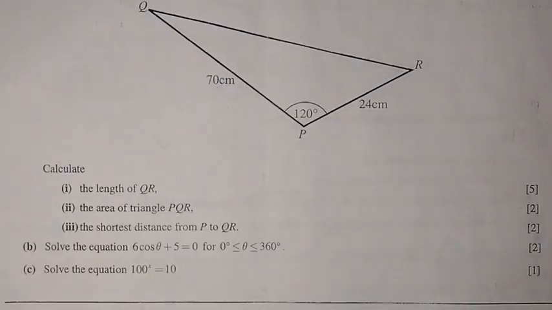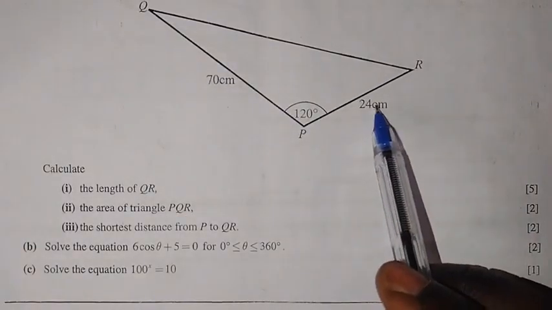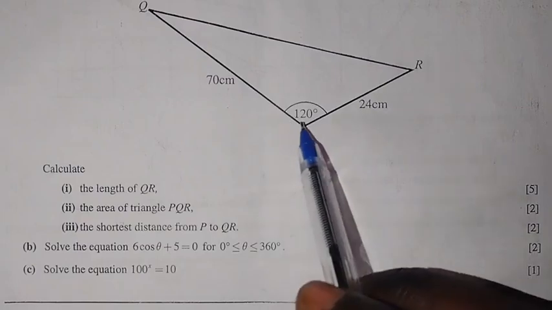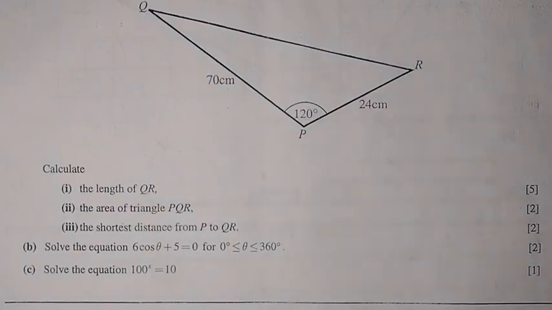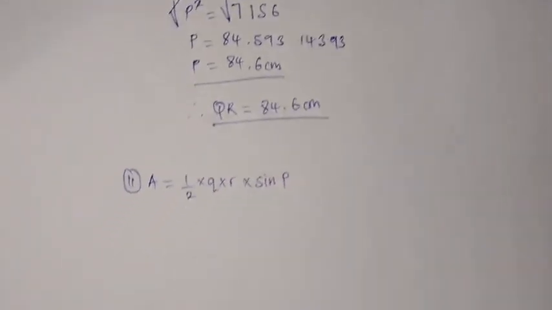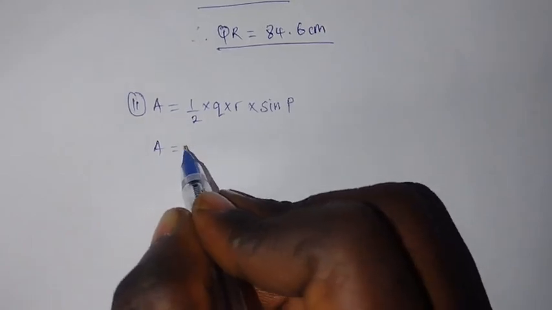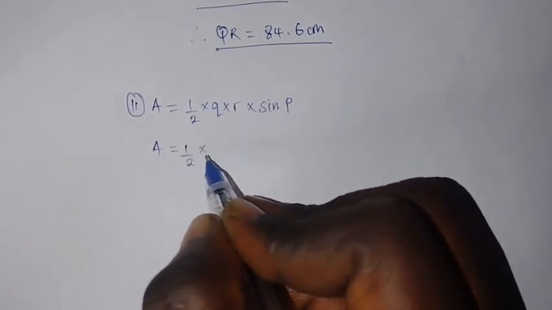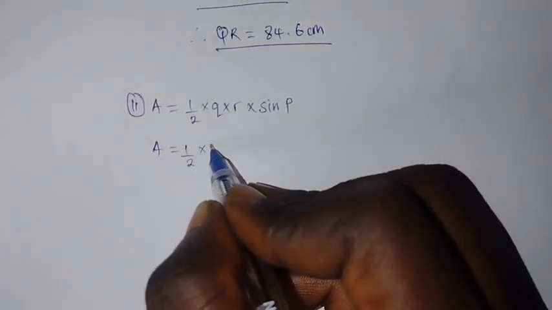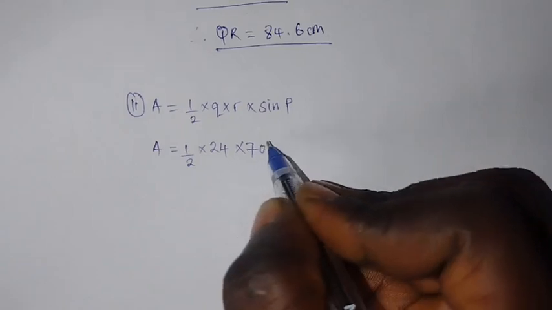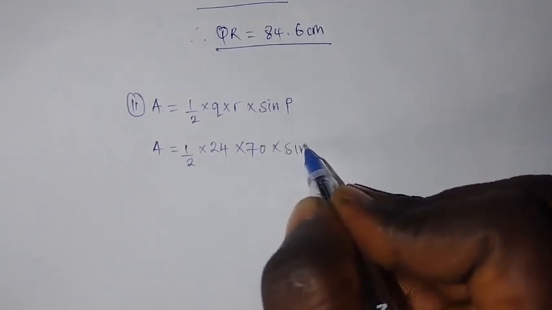So where there is Q, we are going to put 24. Where there is R, we are going to put 70. Where there is sin P, on P, we are going to put 120. Okay, so we just write here. So we are writing area is equal to 1/2 times 24 times the R, it's 70 times sine.